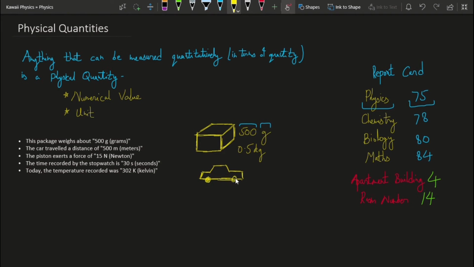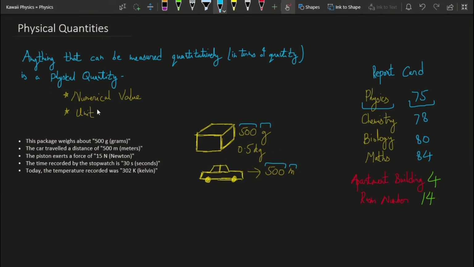We have a car, and it has traveled a distance of 500 meters. And here again 500 is the numerical value, m is the unit.